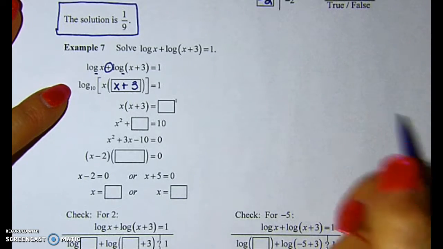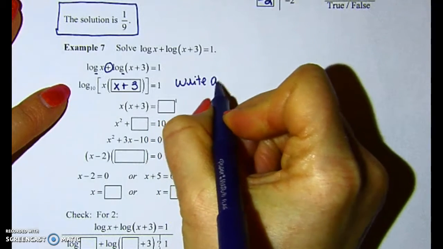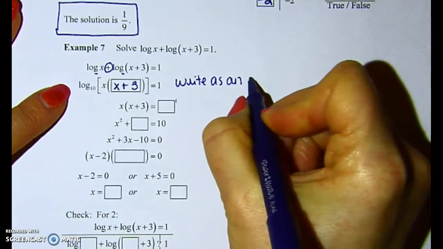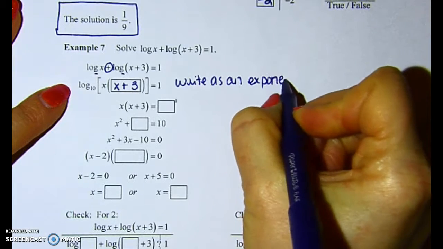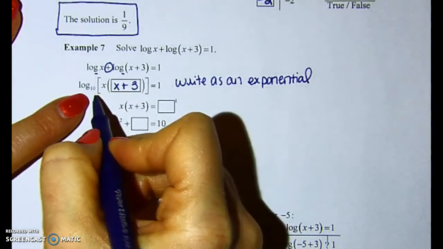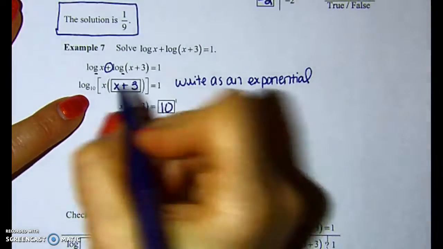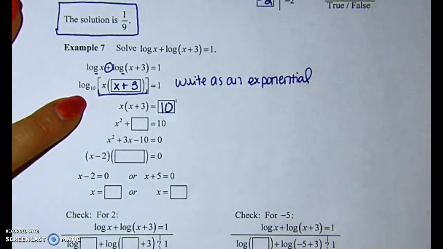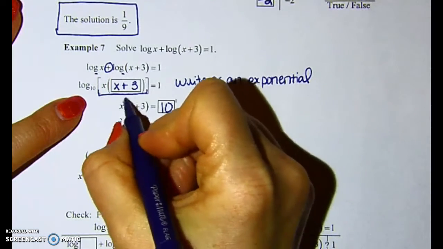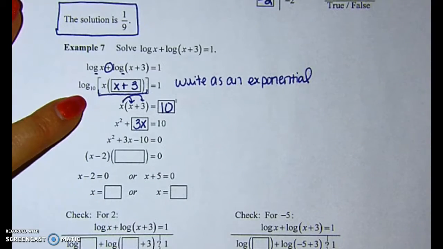Using our exponential, so we're going to write this as an exponential. I can take my base 10 to the power of 1, so 10 to the first power equals all this stuff. I can then distribute my x values, giving me x squared plus 3x equal to 10, since 10 to the first power is 10.